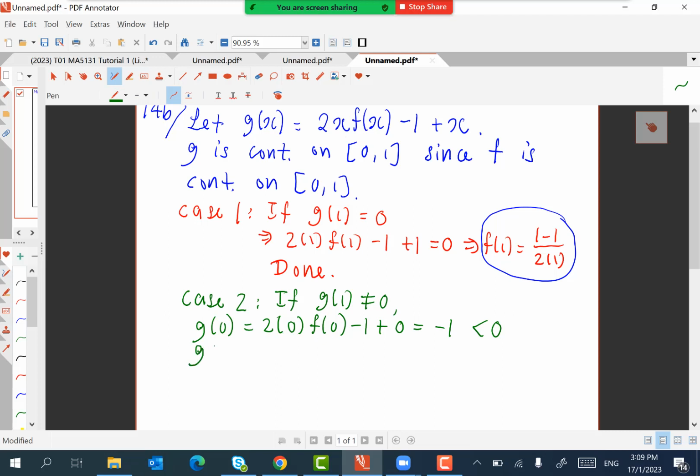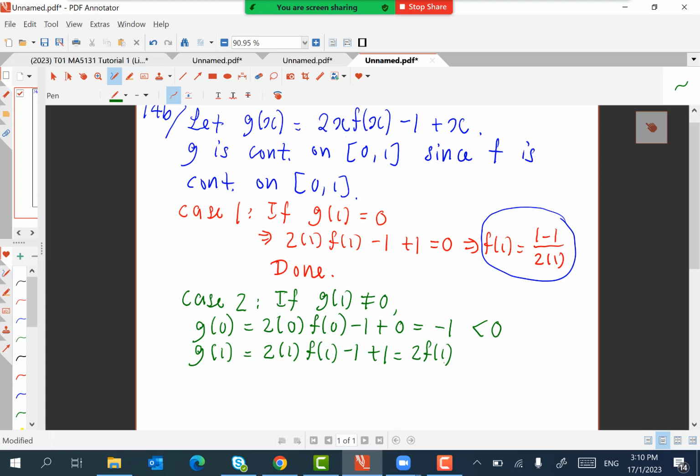Let's calculate g(1). g(1) will be 2 times 1 times f(1) minus 1 plus 1, and this is equal to 2f(1), right?